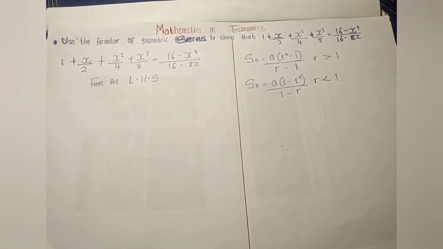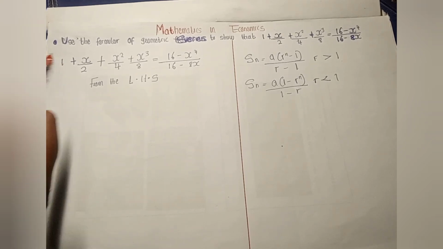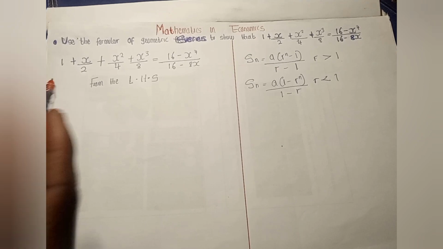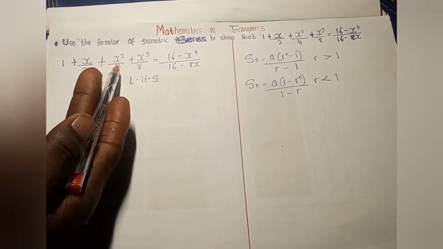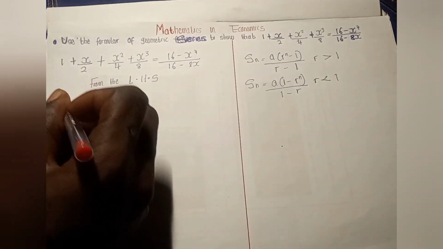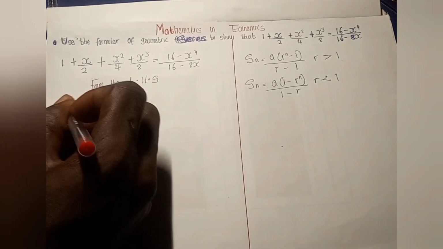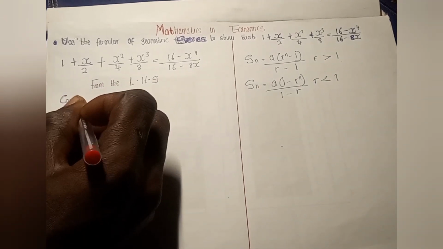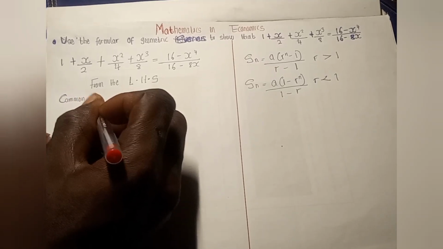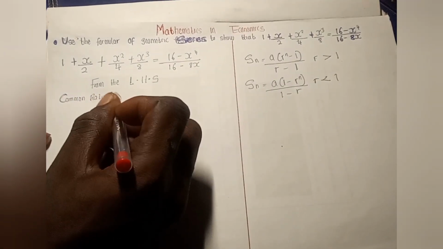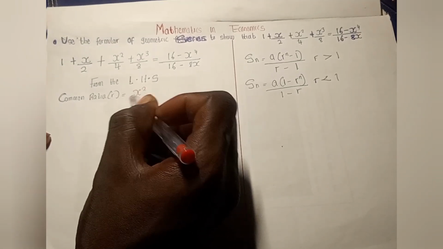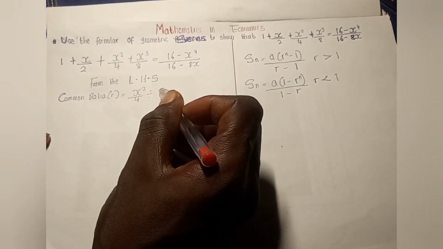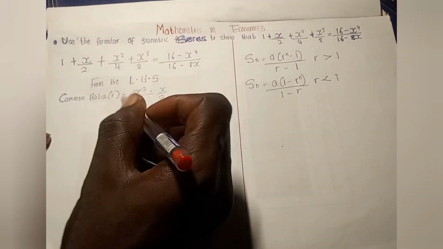From the left hand side, let me use the second term and the third term, the third term divided by the second term, to get my common ratio. My common ratio r is equal to x squared over 4 divided by x over 2.